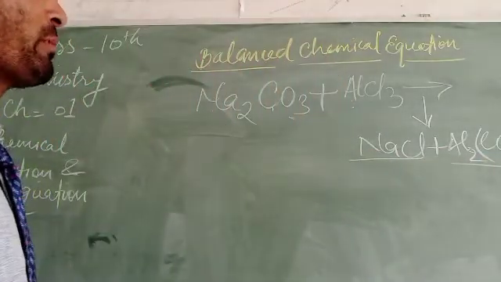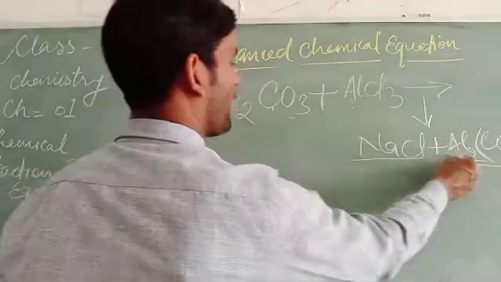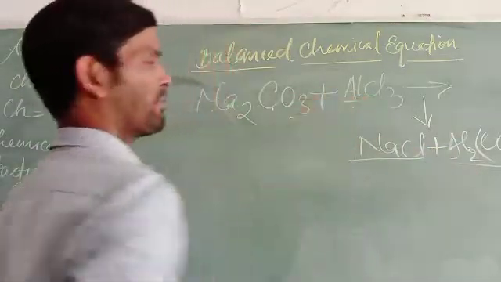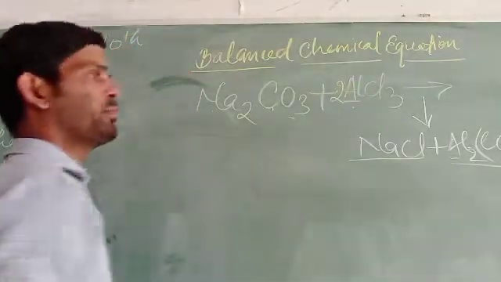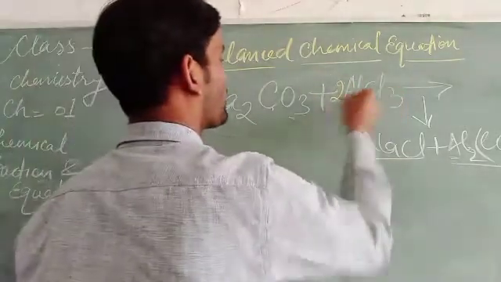If you are going to balance, here are 2 molecules of aluminium, here is 1 molecule of aluminium. So we have to add 2 molecules, but the chlorine has 6 molecules.